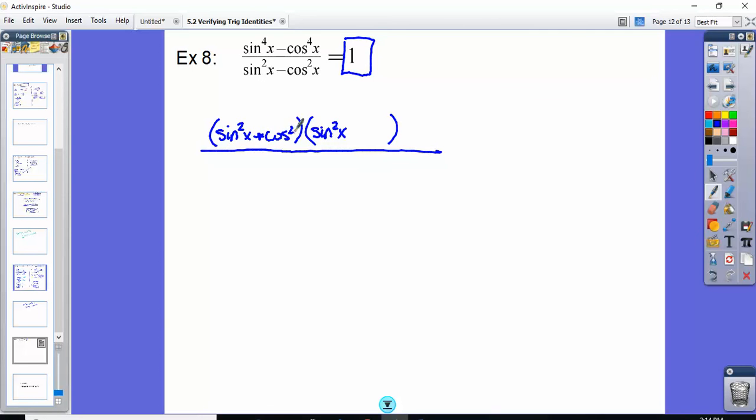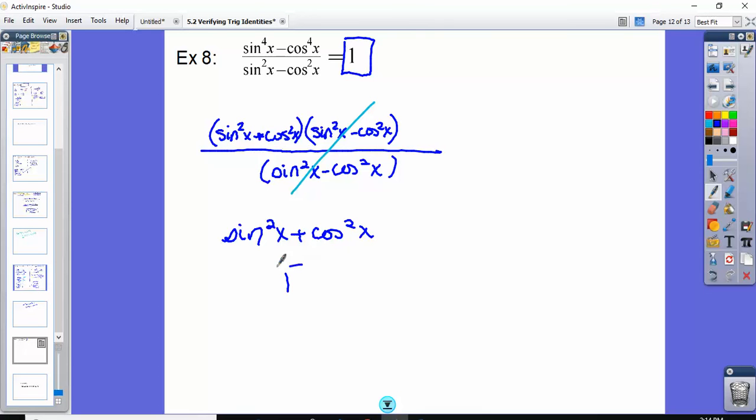So we can do sine squared plus cosine squared and sine squared minus cosine squared. I could factor the denominator, but I'm not going to, because right now these already cancel, so I don't want to break it down anymore. So I'm left with sine squared plus cosine squared, which we know is 1.